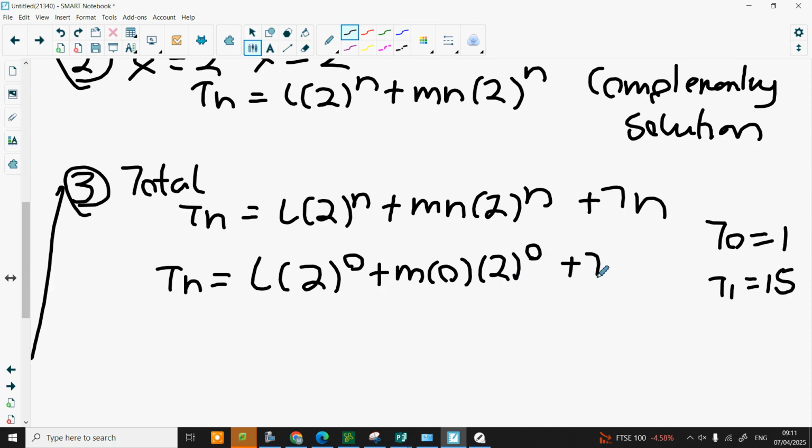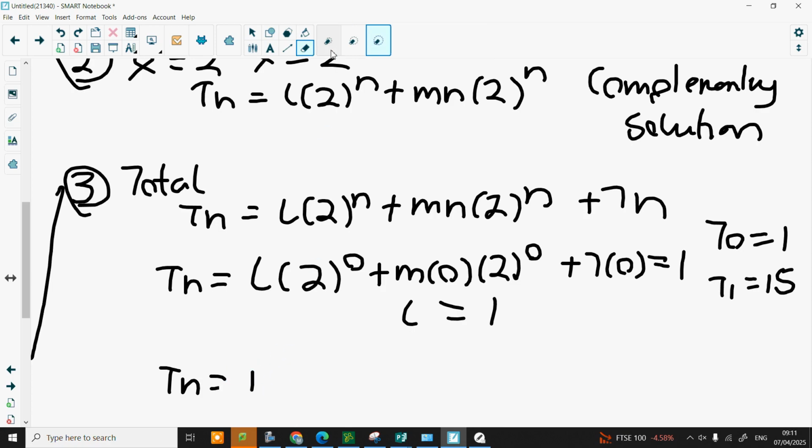So what do we think 7n is? 7 times 0. And the whole thing equals 1. All right, this is leading us to L equals 1, is it? Are you happy with that? This comes out as L equals 1. Now I have Tn equals 1. So let's change that L on top to 1.